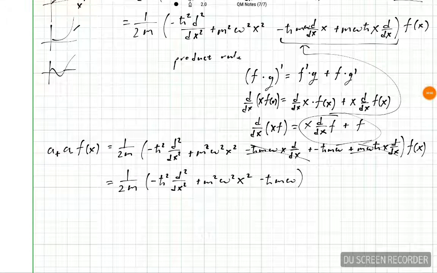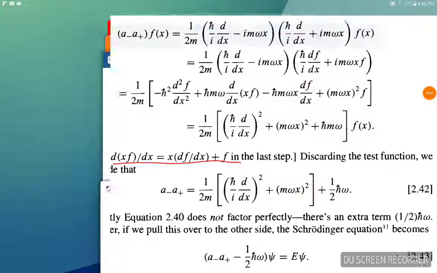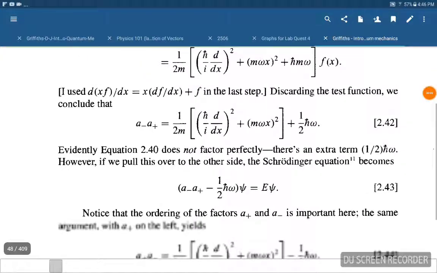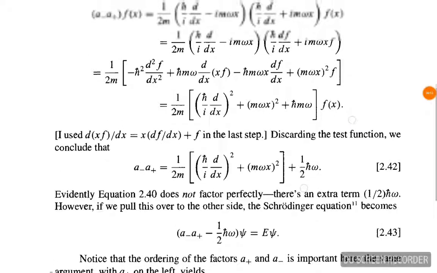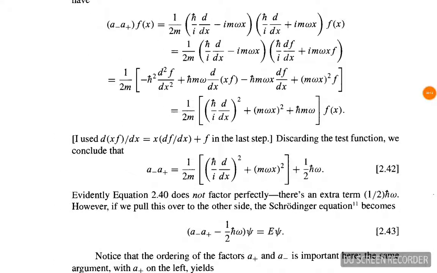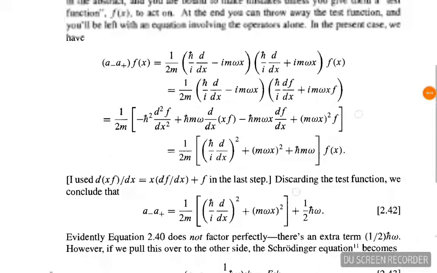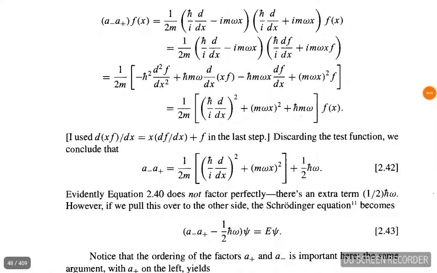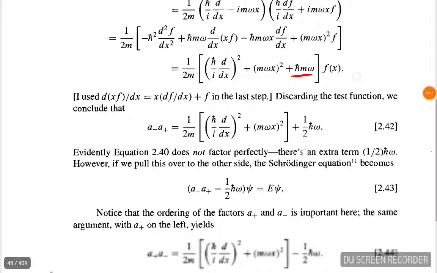And I can throw out my test function because I'm done with it now. That's what we have here. Yay! And then I can play around with those a little bit here. Wrap those up into squares.